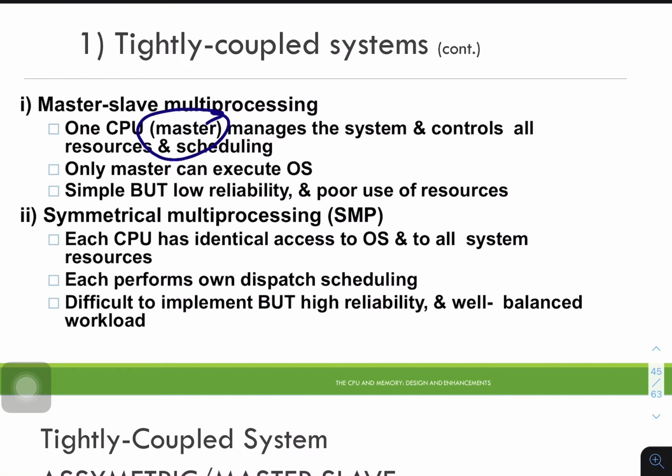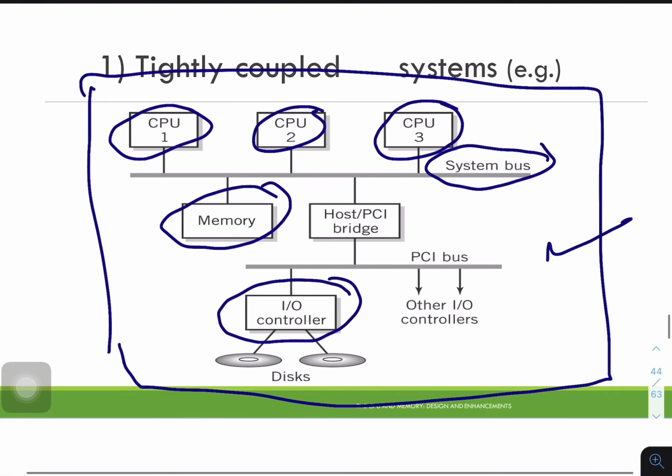Untuk symmetrical multiprocessing pula, dia kata each CPU has identical access to OS and all of the system resources. Okay, so dia berbezalah dengan master slave. Symmetrical has the identical access. Dia boleh ada akses yang sama, identical access, tetapi dia akses dengan cara yang berbeza-beza ataupun secara berasingan lah, dia tak sama menggunakan sistem yang sama macam ni.